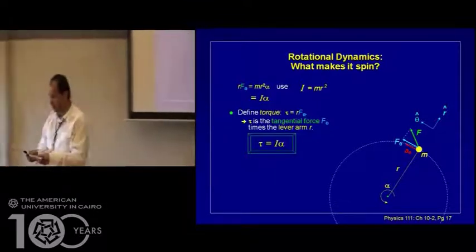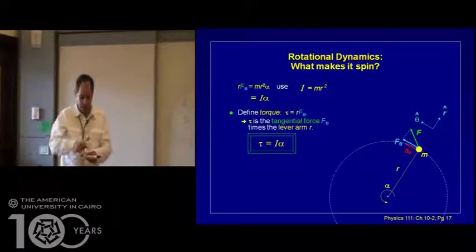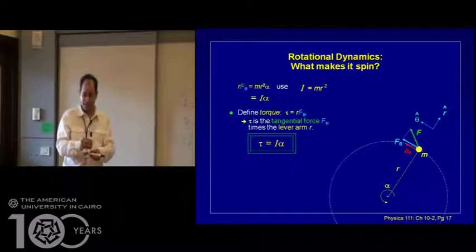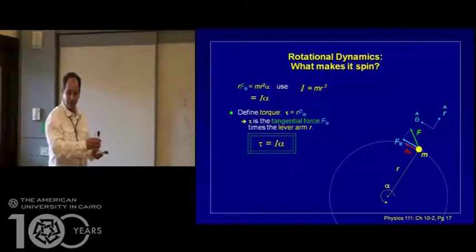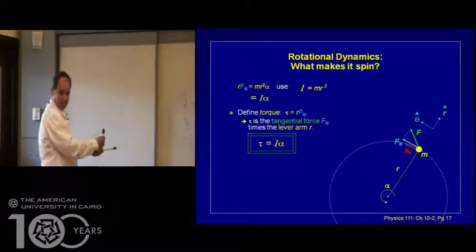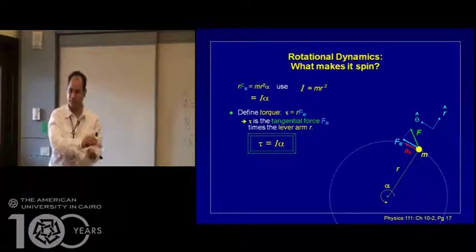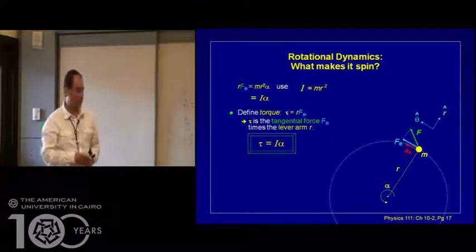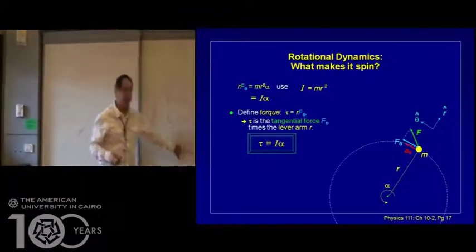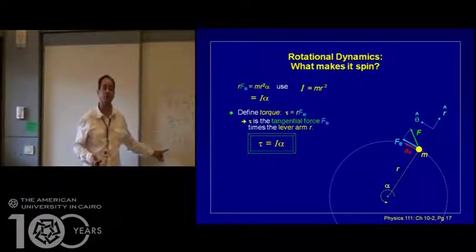If this is R and this is F, then that's going to be z. Even if you change the order, vector C is still perpendicular to them. It doesn't matter. So the cross product of two vectors will give you another vector that's perpendicular to the two of them.